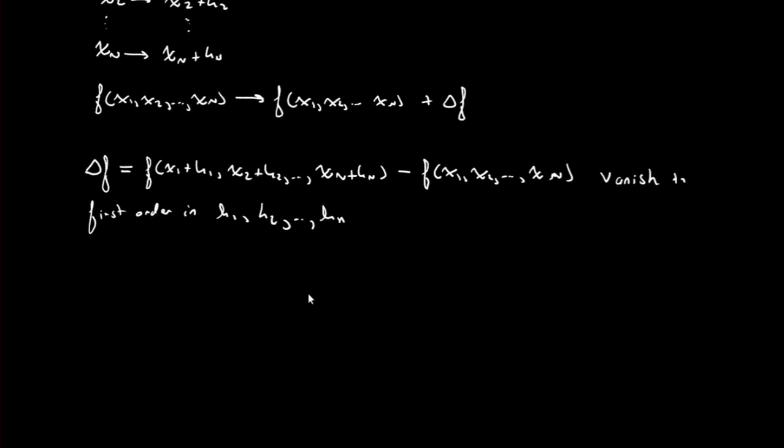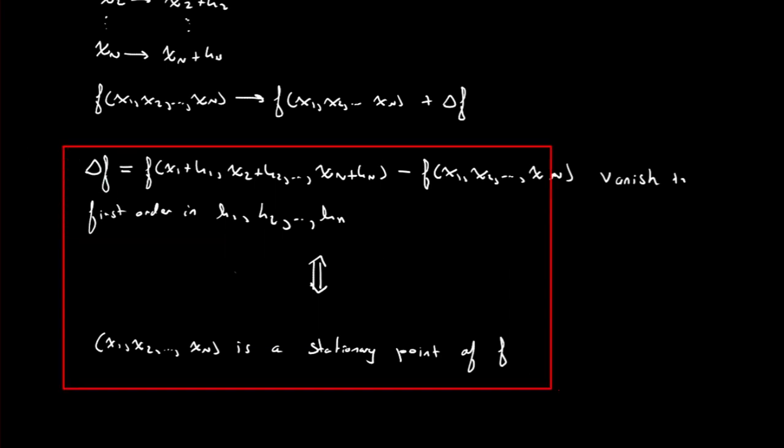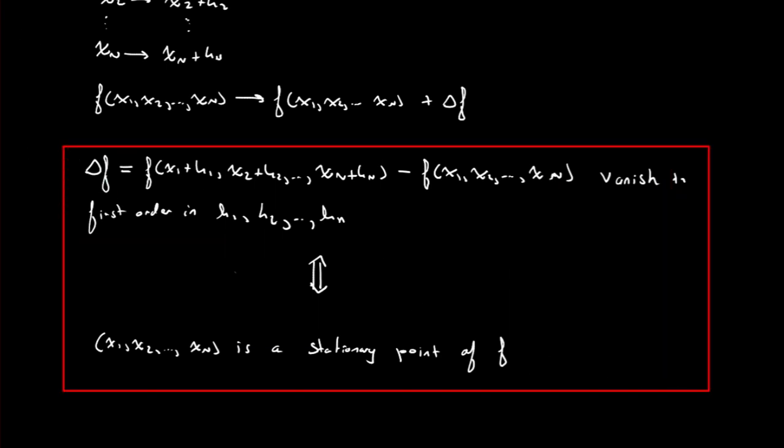And this is going to be what we mean by a stationary point of a function of n variables. So this is the same as saying that the point x1, x2, dot, dot, dot, xn is a stationary point of our n-dimensional function f. And this is our most general definition so far, so definitely worth boxing this one up.